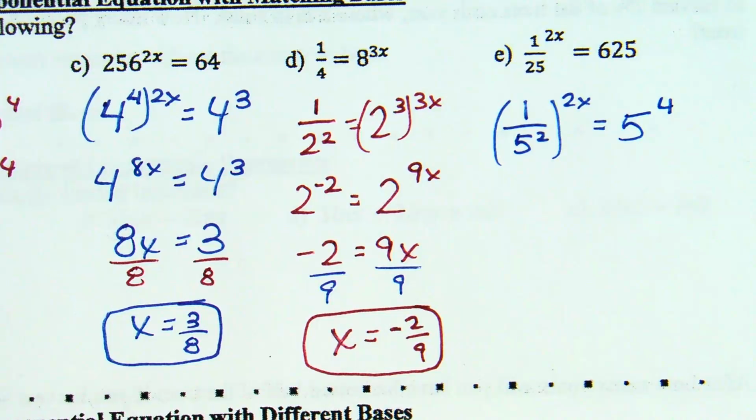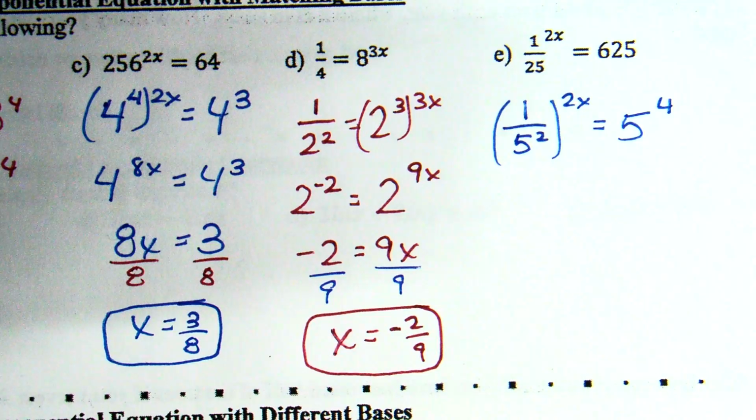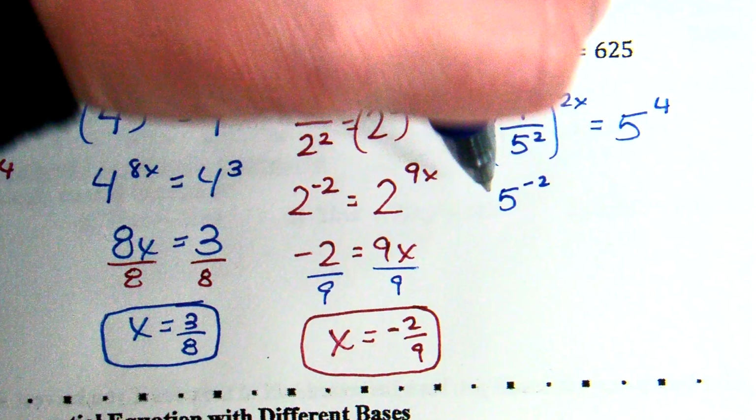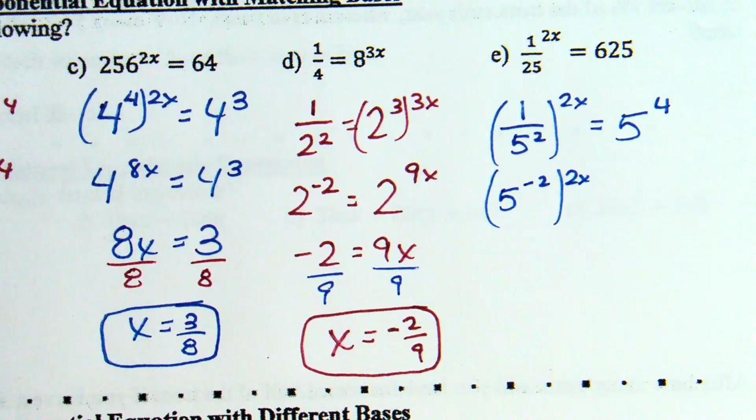What do I do with that 1 over 5 squared? Yeah, we're going to change it to a negative. So it becomes 5 to the negative 2. But then raised to the 2x makes this 5 to the negative 4x.